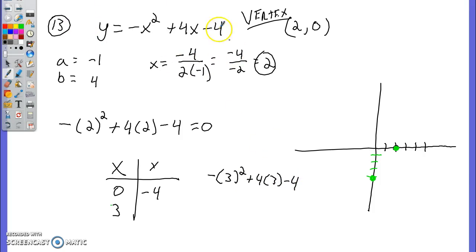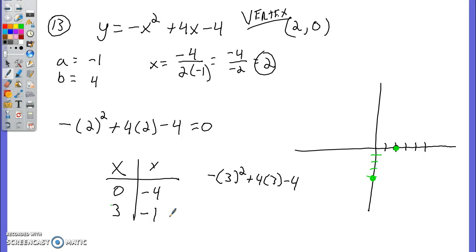Remember, I'm using this formula again, or that original problem. And you can type that into your calculator exactly as it looks. That's going to come out to equal -1.